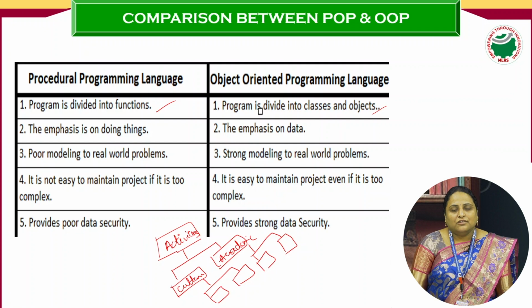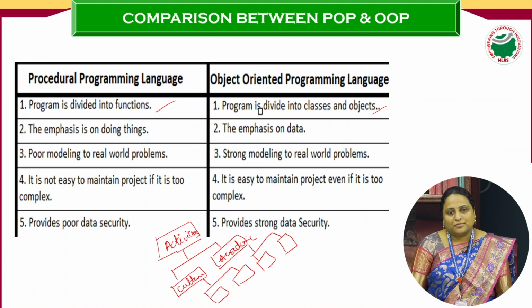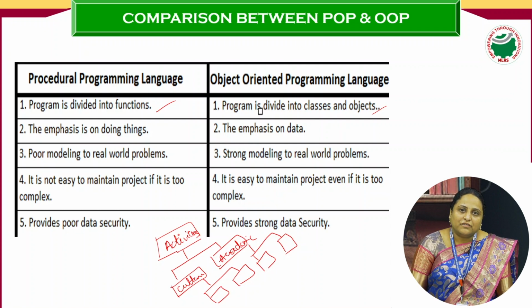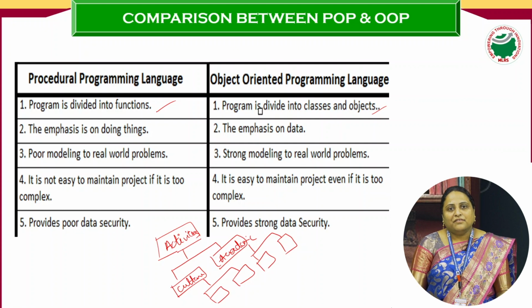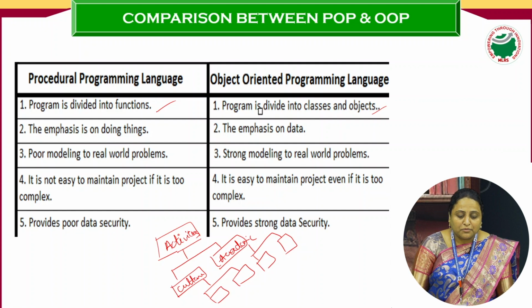So procedural oriented programming is far away from these concepts. That is the reason that for applications you want to implement in real time, we go towards object oriented programming.